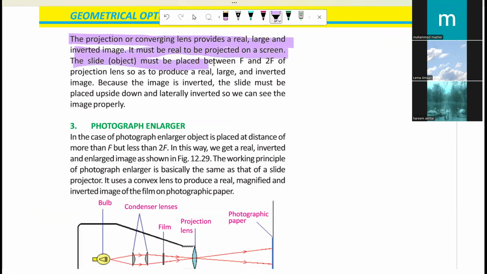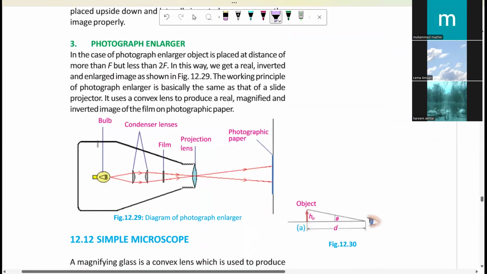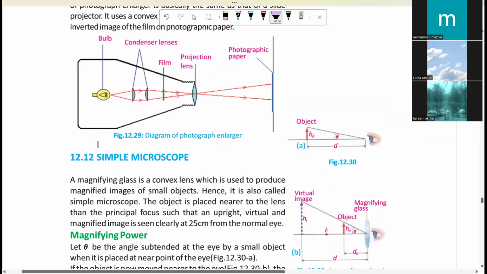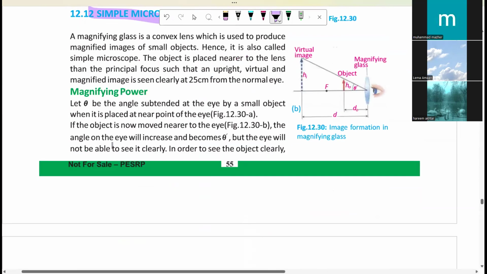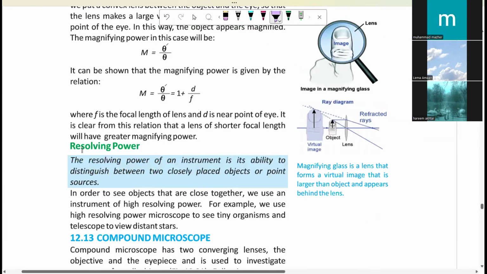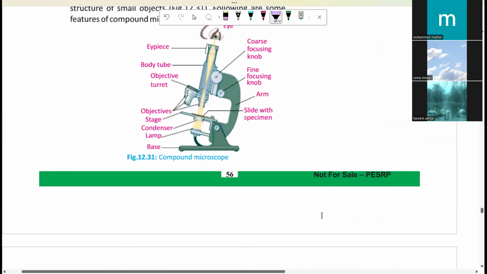The slide must be placed between f and 2f of the projection lens so as to produce a real, inverted and large image. क्योंकि हमने अभी भी उसको डिस्कस किया है. बाकी photographic film को you study on your own. Simple microscope पर उन्होंने डिस्कस किया हुआ, ये मैंने अभी आपको revise करवाया है. Magnification and resolving power. Let me know if you have any questions from here.